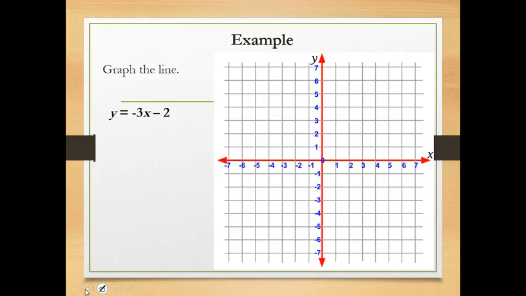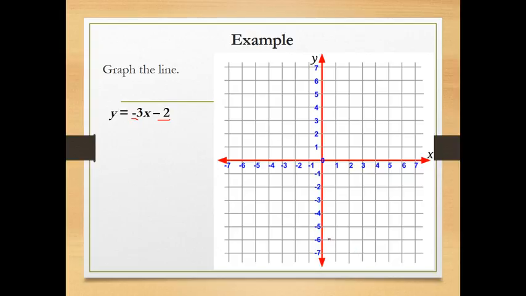How about we graph this line? y equals -3x minus 2. Just looking at this equation, it jumps out at me already. I know that the slope is -3 and the y-intercept is -2. So a negative slope means it's going to go downhill from left to right.